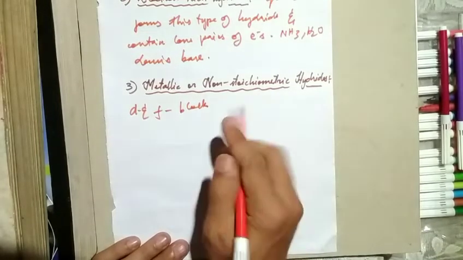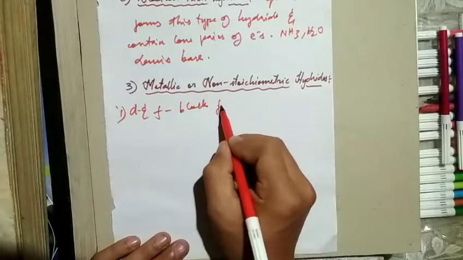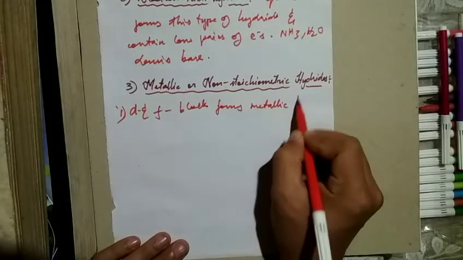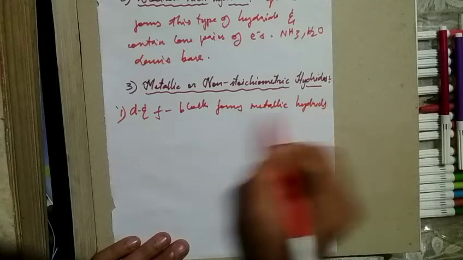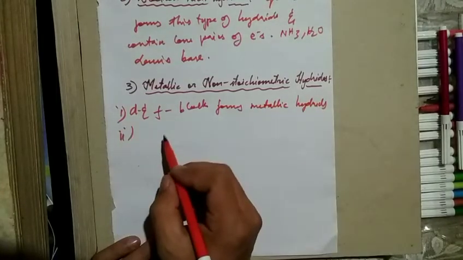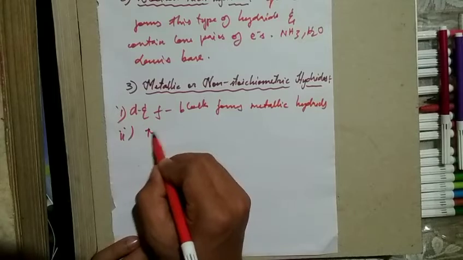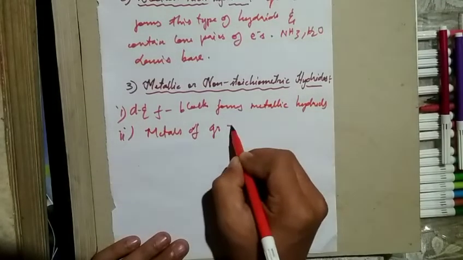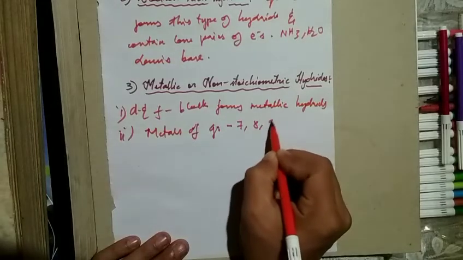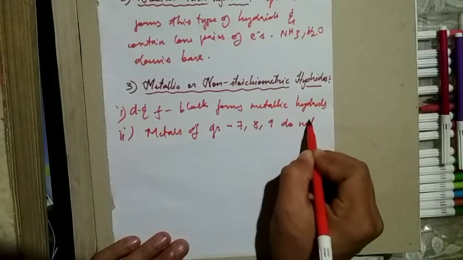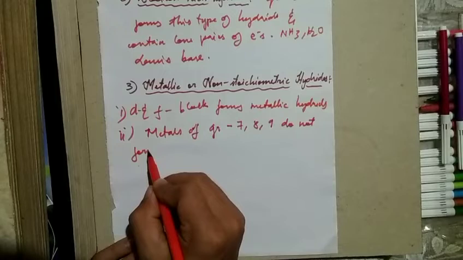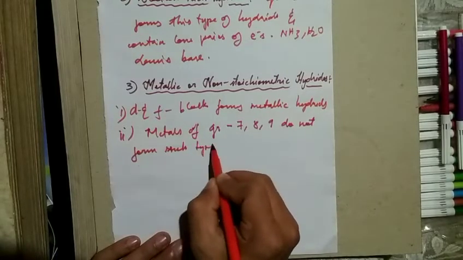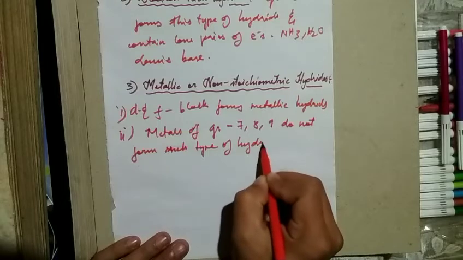Second, elements of group 7, 8, 9 do not form this type of hydrides.